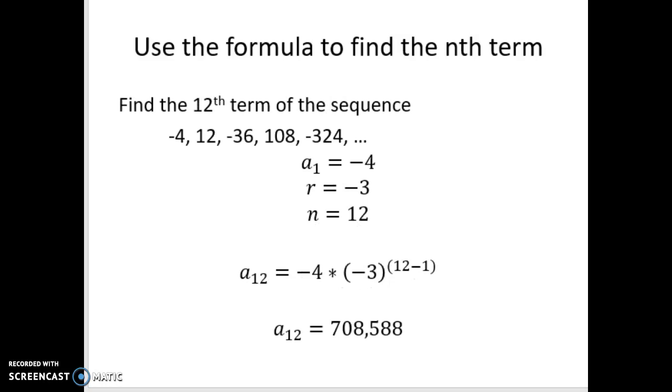Here's a second example. Here we're going to find the 12th term of the sequence -4, 12, -36, 108, -324, etc. So we should verify that this is in fact geometric by looking at whether we are multiplying by the same thing over and over again. We see that the terms are changing sign: negative, positive, negative, positive.